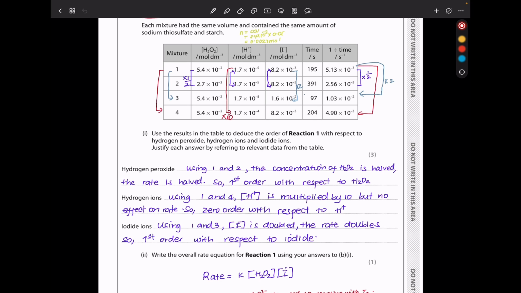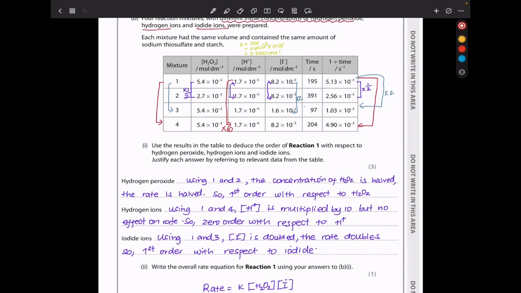You should justify the answer by referring to relevant data from the table. I'm going to begin by considering experiments 1 and 2. We can see the concentration of hydrogen peroxide is halved and the rate is also halved. So that means it's going to be first order with respect to hydrogen peroxide.